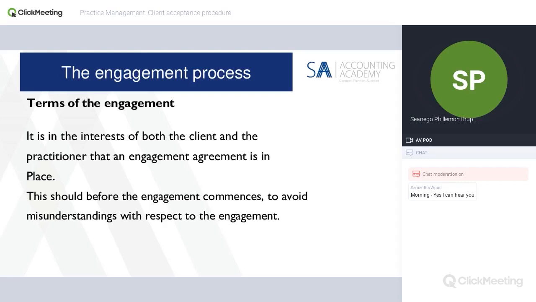Now, that is why I said it is in the interest of both the client and the practitioner that the engagement agreement is in place. And this should be before the engagement commences, to avoid misunderstanding with respect to the engagement.